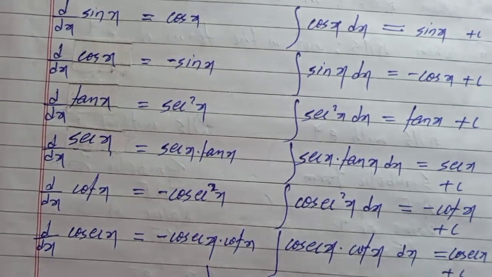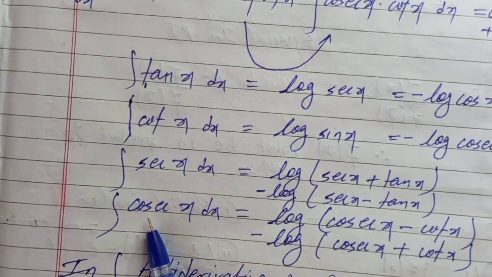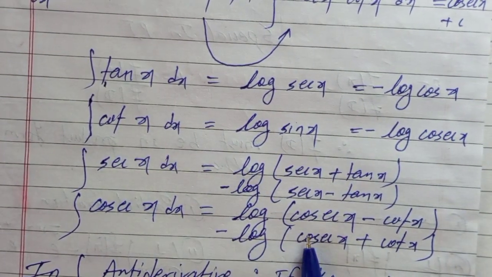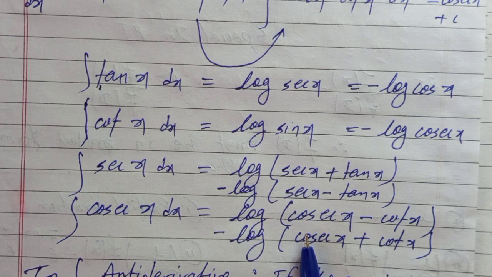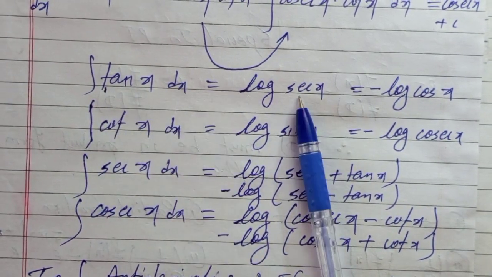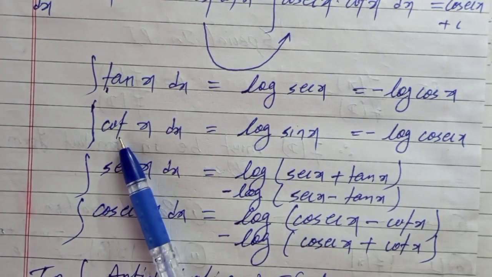So there are some special formulas like this: tan, cot, sec, cosec, and you have to learn these formulas so that we can solve our equations easily. That is, the antiderivative of tan x is equal to log sec x or minus log cos x.